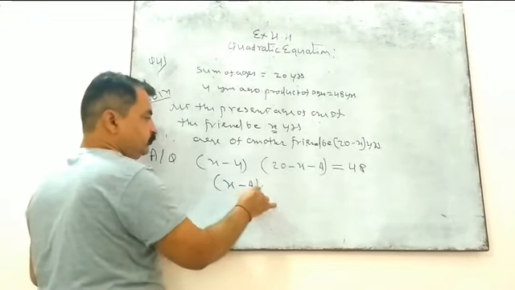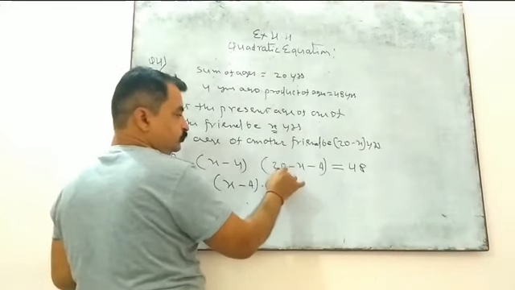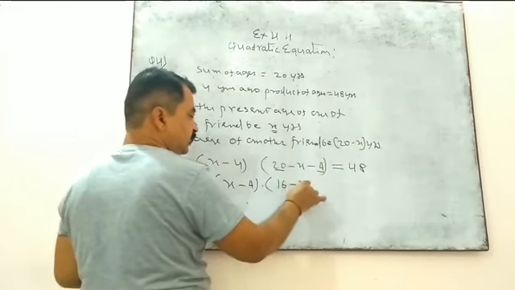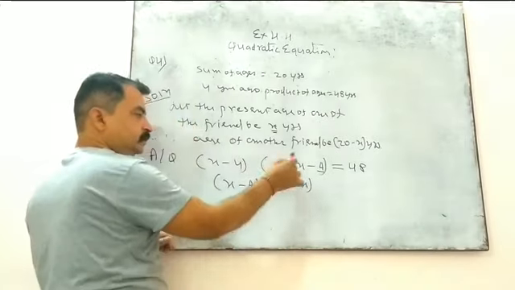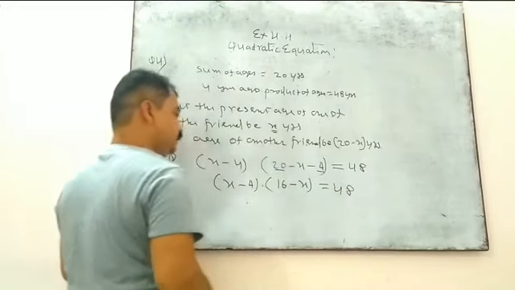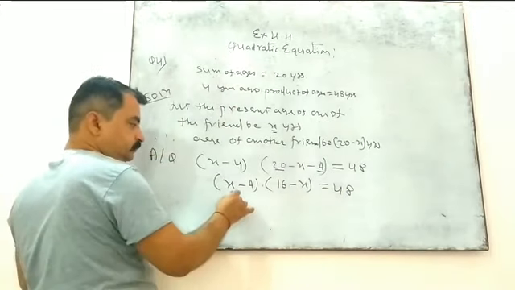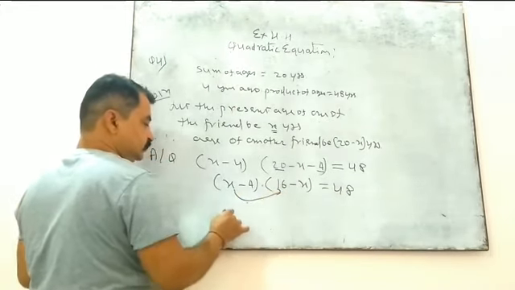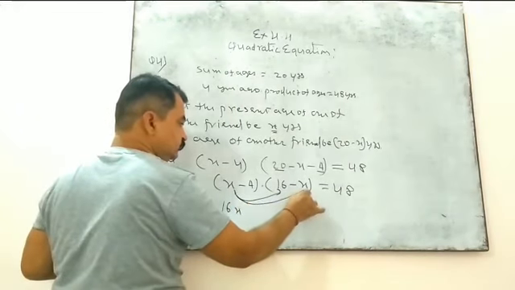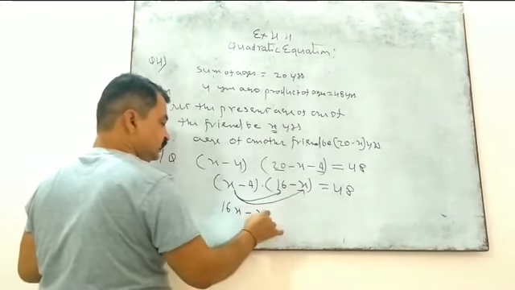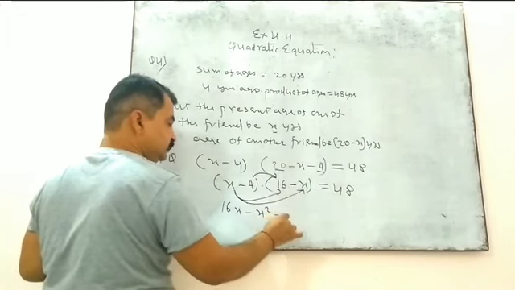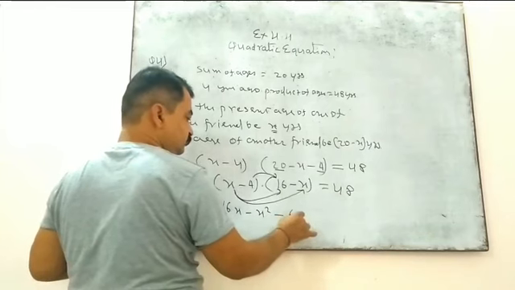x minus 4, and of course 20 minus 4, what is it? 16 minus x. Right? The number you will subtract, equal to 48. Now open the bracket. x into 16, what do we get? 16x. Then x into x, minus x square. Then minus 4 into 16, 64.